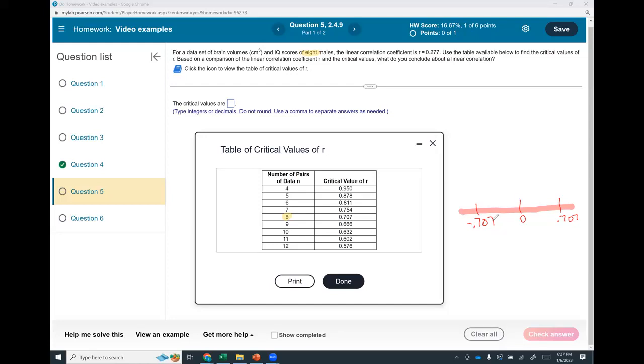And my R is actually right around here, 0.277. So what did we just say about the critical points? These are my critical values. And when R is between those critical values, what do we say?